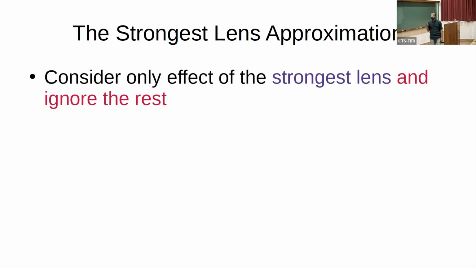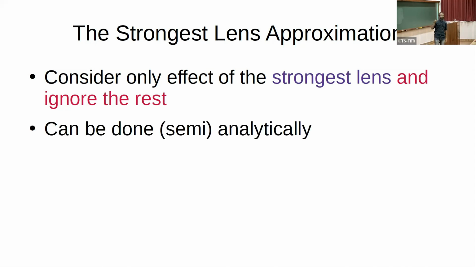As a first approximation, you could just consider the effect of the strongest lens along the path and ignore all of the rest. This has an analytical formula, but still it has to be done for many cases, so we do it numerically. So it's a semi-numerical computation. But since you are ignoring a few masses along the way, the final effect will be less than what will actually be there.